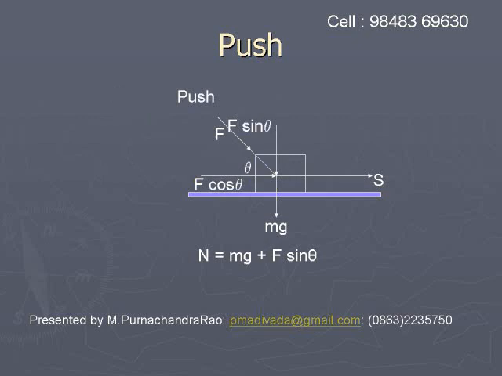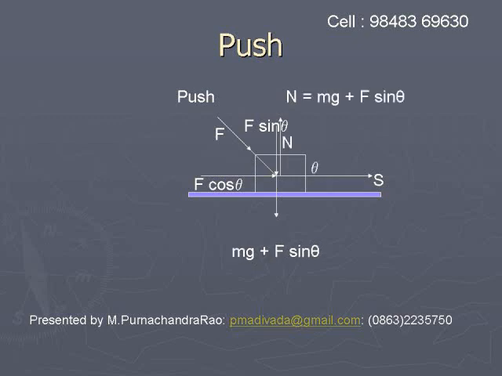So the net downward force on the lower surface will be mg plus F sin theta. This force is responsible for the normal reaction. So the normal reaction applied on the upper block will be N, equal to mg plus F sin theta in the case of a push.